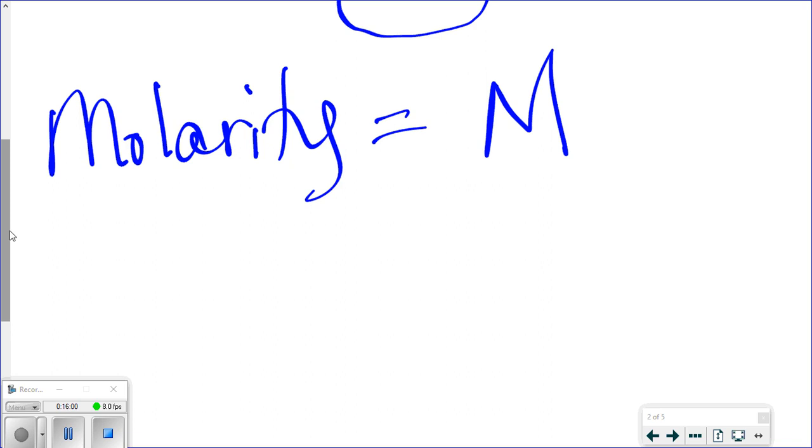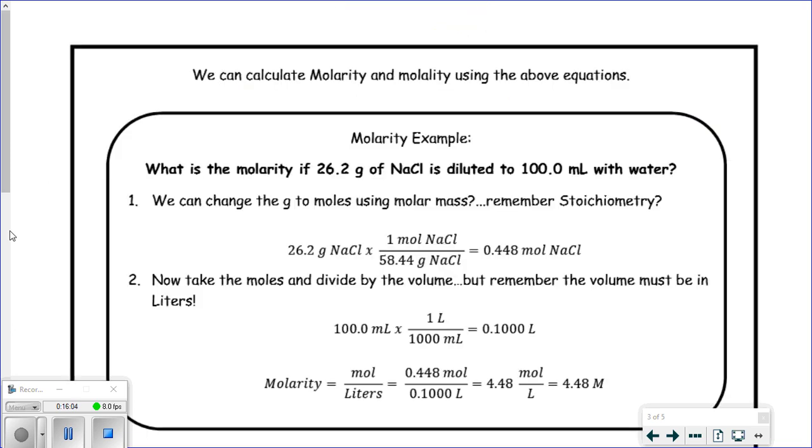Molarity is a capital M, so don't forget that. All right. So we can calculate molarity, and you could do molality, using the above equations. So I want you to look at this example here. This is molarity. This is the only one we're going to be doing this year.